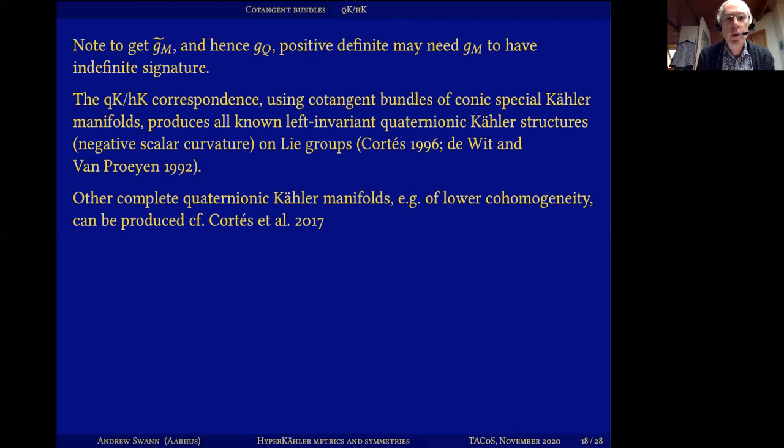And Cortés in '96 showed how to correct Alekseevsky's construction and produce that family as well. Cortés has worked in this area a lot since then. There have become more and more mathematical descriptions of the whole process and different aspects of it. In particular, Cortés and co-workers have produced several other complete quaternionic-Kähler manifolds this way, including examples of lower homogeneity and various flavors of classification results.